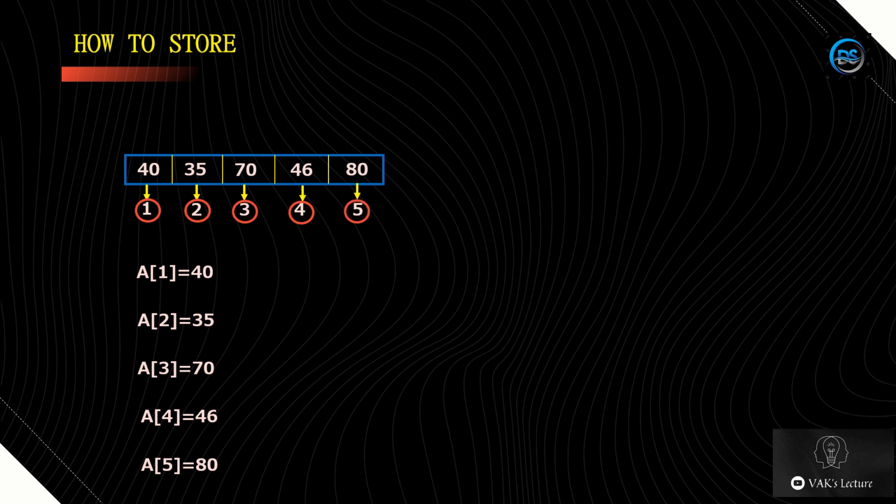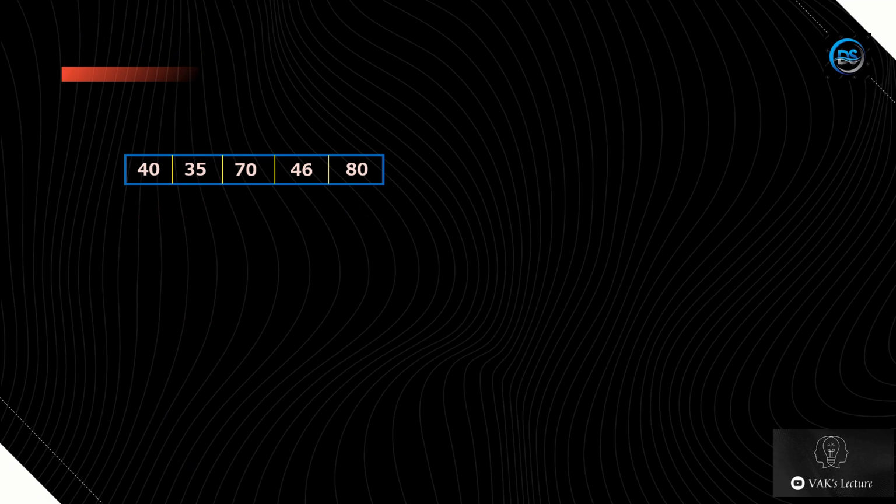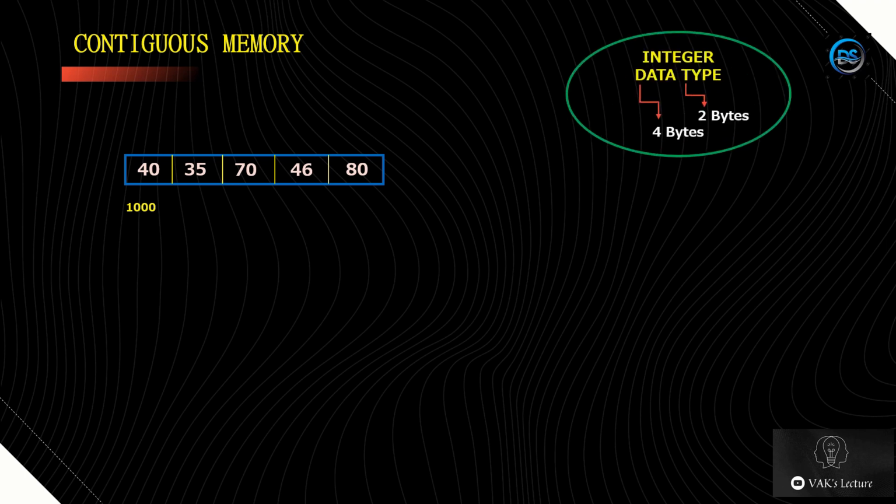As you know, every element gets some space inside the memory after getting defined. You know that an array is a contiguous memory. Suppose you gave the address 1000 to the first element. Remember one thing, the size of the data type depends upon the machine. Some systems support 2 bytes of memory allocation for the integer data type and some systems 4 bytes.